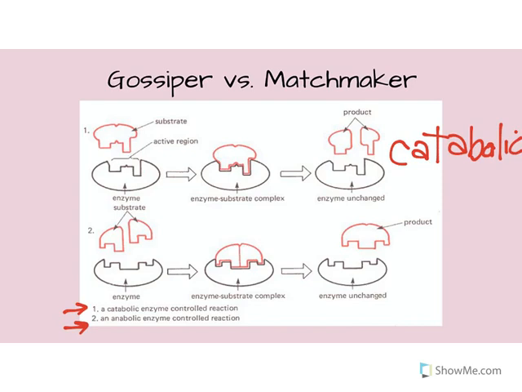And we have an anabolic reaction down below. So in one case, we are taking a substrate and breaking it down. In the other one, we are taking molecules and putting them together. So see if you can match which one matches with each of our analogies, the matchmaker versus the gossiper.